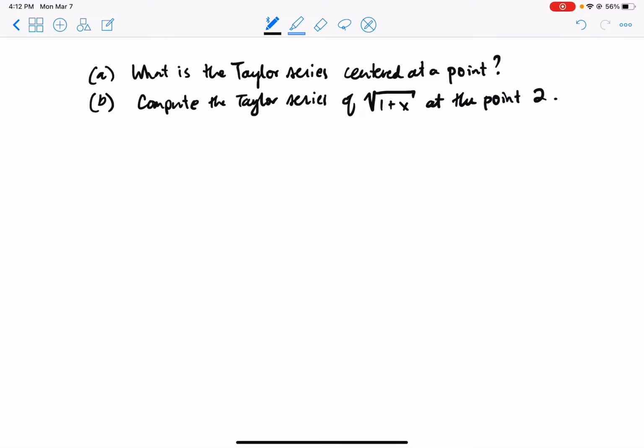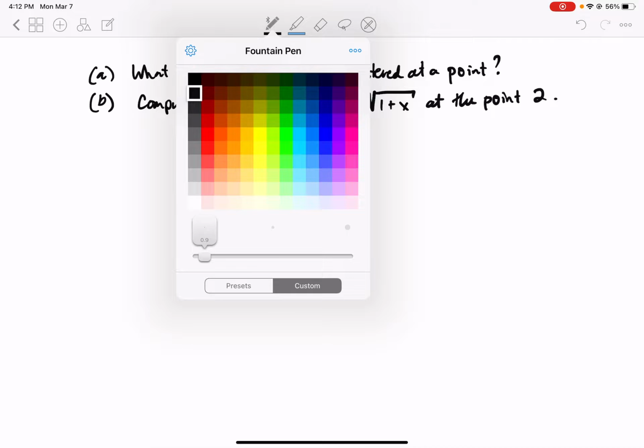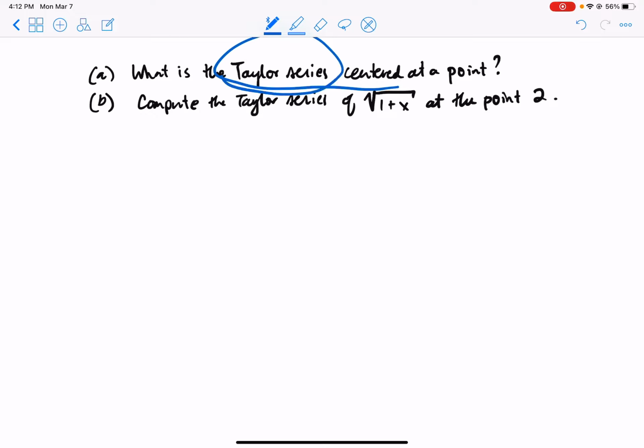Okay, hi everybody. So what is the Taylor series? Taylor series centered at a point.